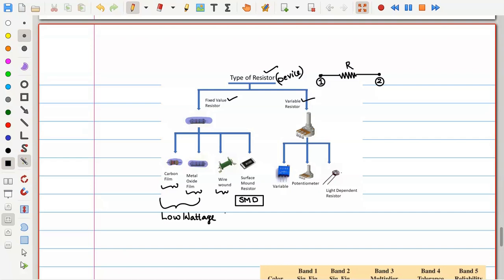Low wattage means these resistors can handle low power, that is 1 watt or 2 watts, in the range of 1 watt, 2 watts, half watt or quarter watt. Whereas wire wound resistors come in the high wattage range. And SMD components are also in the low wattage range.